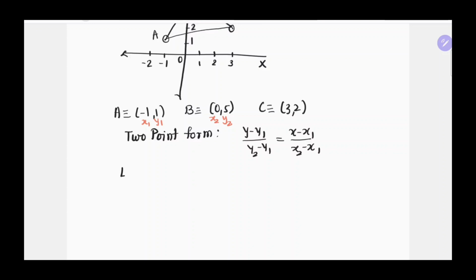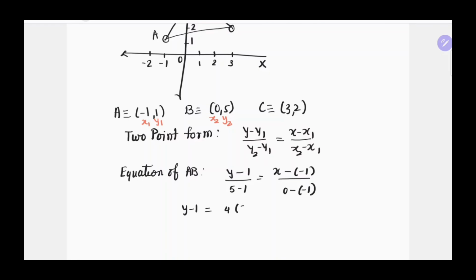Now for the equation of AB, (y minus 1) upon (5 minus 1) is equal to (x minus (-1)) upon (0 minus (-1)). Simplifying, y minus 1 is equal to 4 times (x plus 1), so y minus 1 is equal to 4x plus 4, which is y equals 4x plus 5. Call this equation 1.